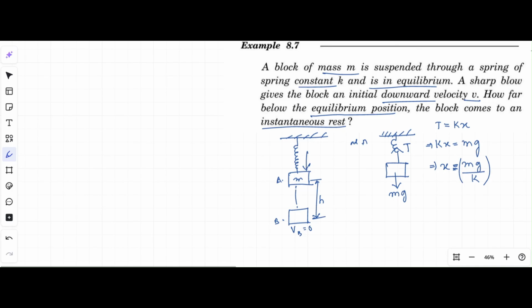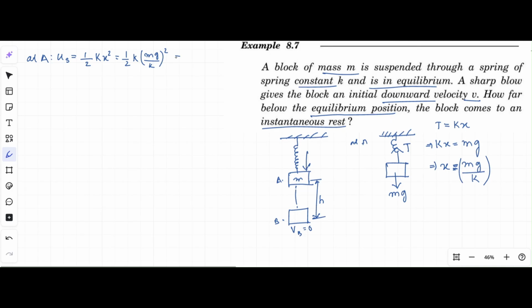Now we know that in the same equilibrium position at A only, what will be the total potential energy of the spring? Total potential energy of the spring is equal to half k x square, which is equal to half k times mg by k whole square.